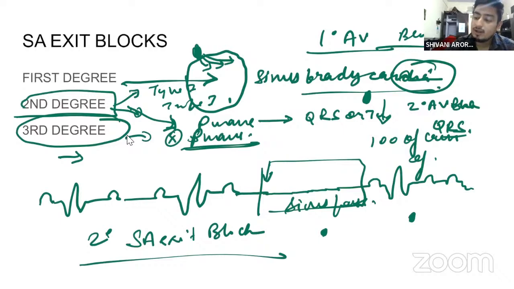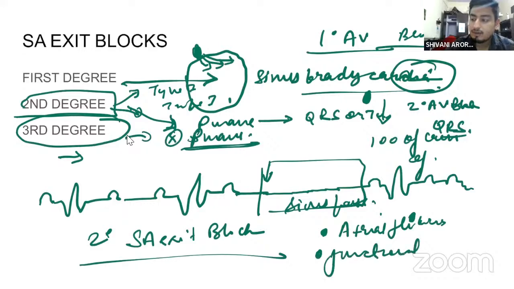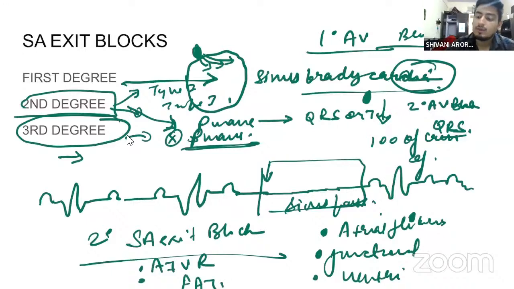Okay. So this can present as atrial fibrillation. Since SA node stops firing, atria takes up the work, or this can present as junctional rhythm, or ventricular rhythm, or accelerated ventricular rhythm, or focal atrial tachycardia. Clear? So again, third degree SA exit block cannot be diagnosed on ECG. Okay? So in ECG, third degree SA exit block presents as junctional rhythm or atrial fibrillation or ventricular rhythm.